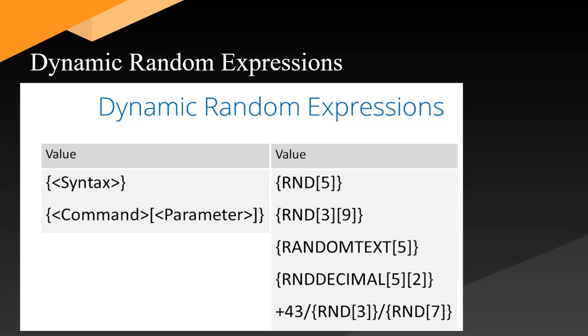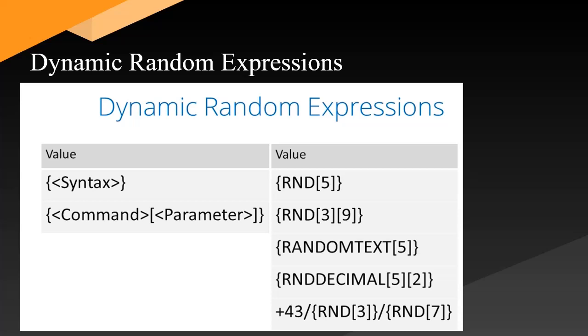Within the curly braces you first provide the command that you would like to perform, and then you provide the parameters. Here the command for the random expression is RND, capital RND. And if you see the first row, I have provided a parameter of 5. That means it's going to enter a random value of 5 digits.